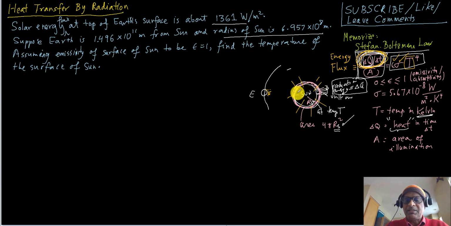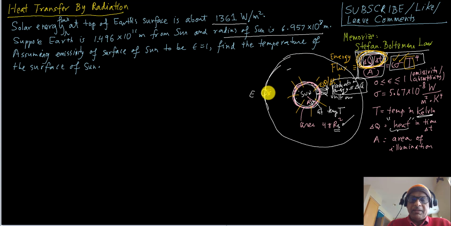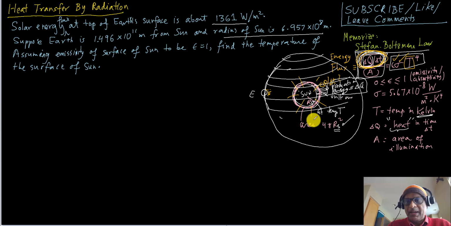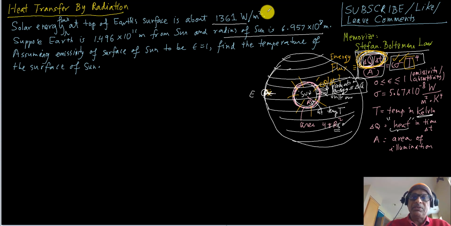So what's this delta Q over delta T over here? Well, this Earth is, you can say, I can imagine a sphere, a spherical surface, and over here you have per unit area of this, let's call this some x.